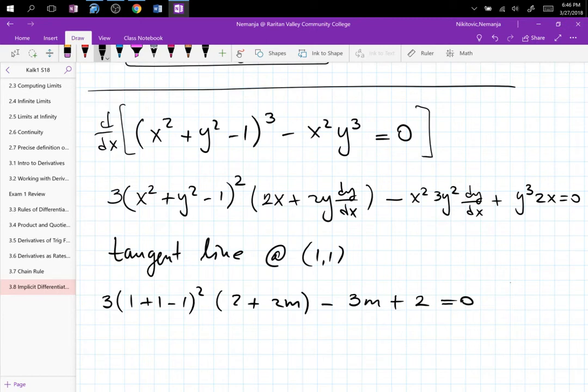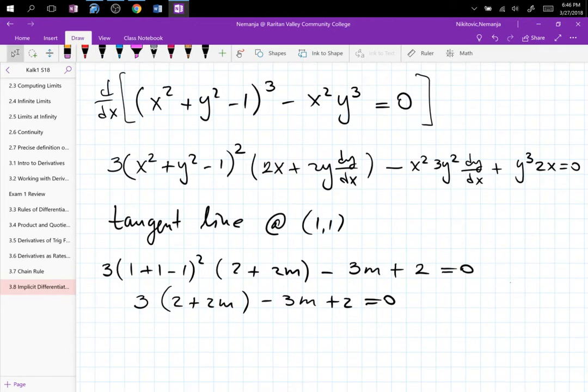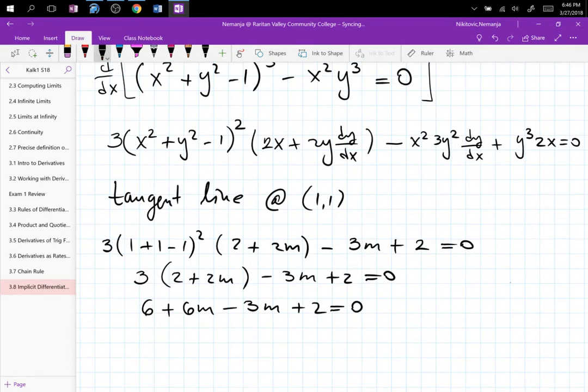So this is 1 plus 1 is 2, minus 1 is 1, squared is 1, so 3 times 2 plus 2m minus 3m plus 2 equal to 0. That's 6 plus 6m minus 3m plus 2 equal to 0. That's 3m plus 8 equal to 0, and m is equal to negative 8/3.